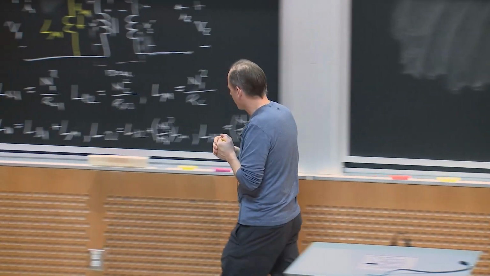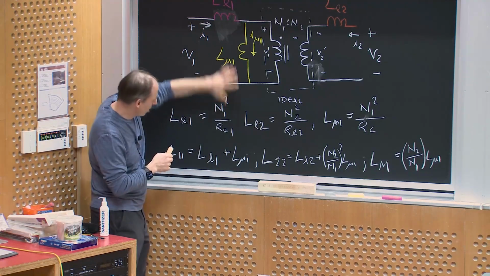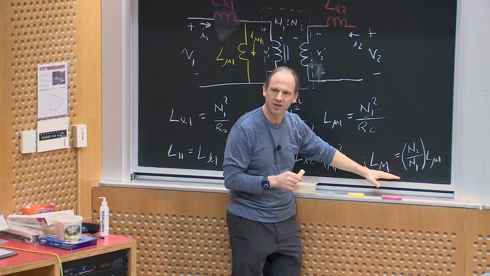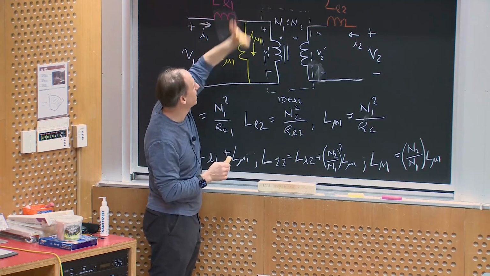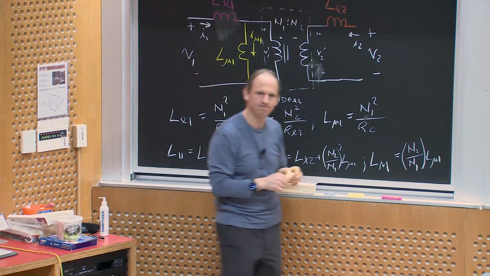I didn't say this last time, but you can also relate the circuit model parameters back to L11, L22, and the mutual inductance Lm. And again, you'll see that this representation and this representation are precisely the same as long as you have the right parameters.